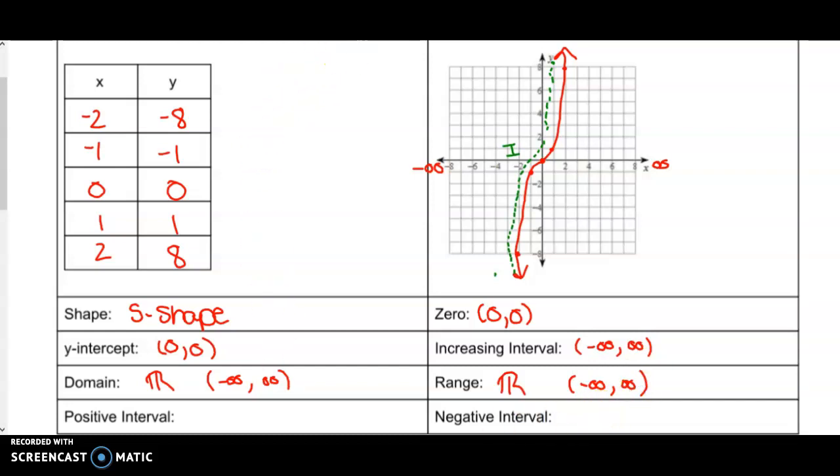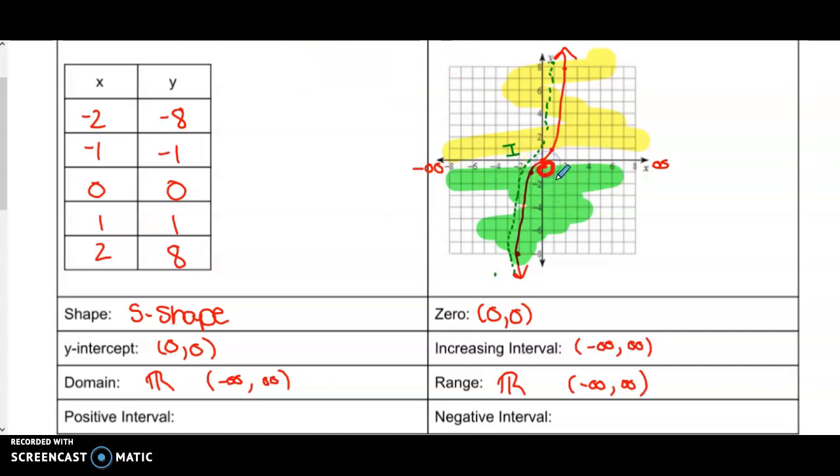All right, positive versus negative. So remember, positive is where your y values are above the x-axis. So positive would be everything above. And then negative would be everything below. So notice again that it changes right here at the center, the origin, 0, 0.